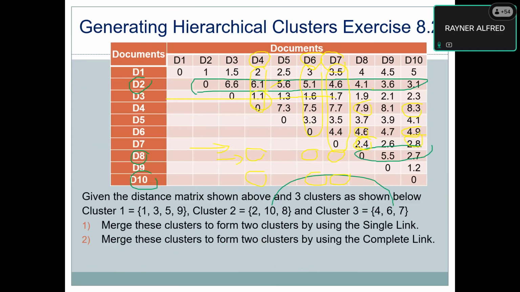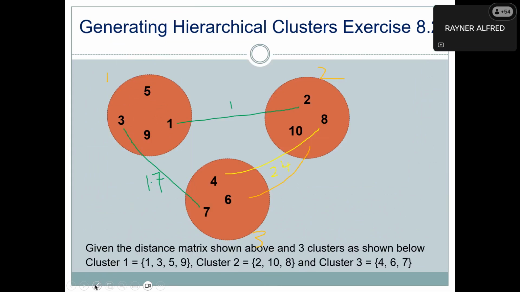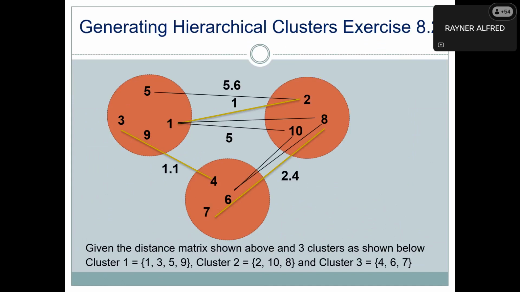In the previous one, it should be 1.1. So basically, this is the shortest one. 3 to 4, which is 1.1. Okay. So based on this information, we can tell that these two clusters must be merged because they have the smallest distance between two clusters. This is based on the single link distance. Okay.